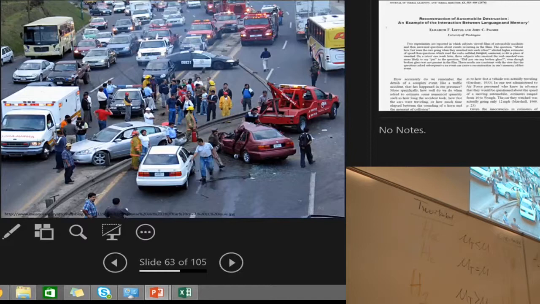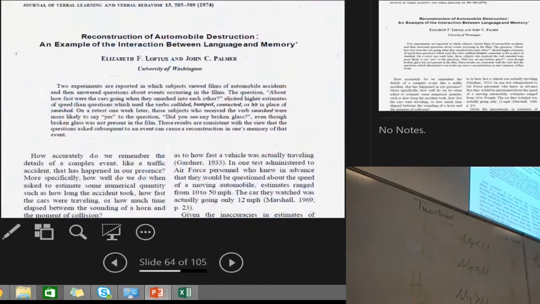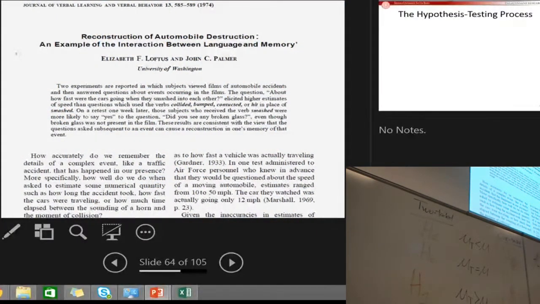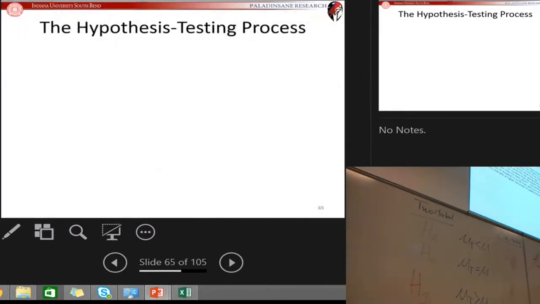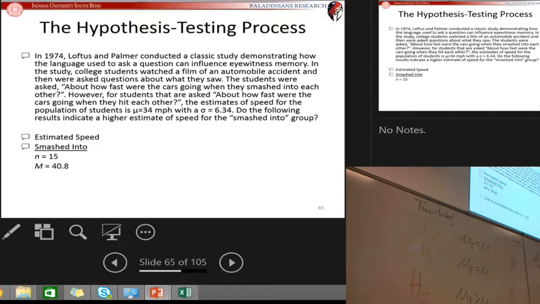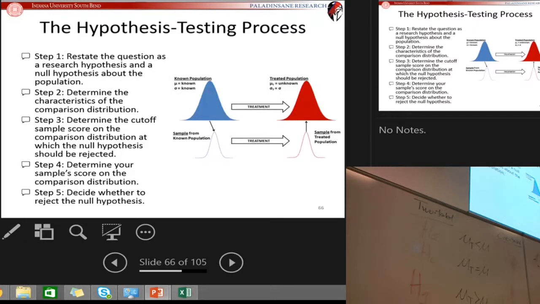If you can't get it, I do have it in the PowerPoint file. So just as a brief aside, the original articles are available on Canvas if you're interested in these psychology questions. But also the complete hypothesis test is there as well.